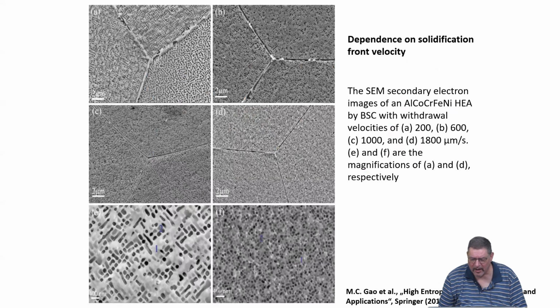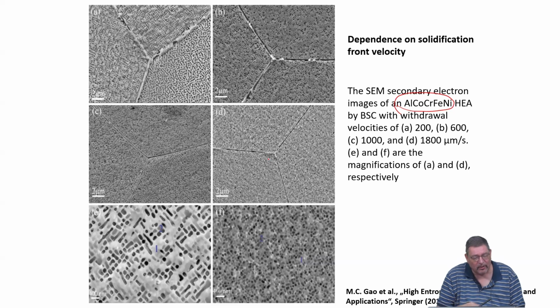So depending on how fast you pull in this Bridgman solidification casting, you get different patterns of the microstructure in this high entropy alloy, and you see that the faster you pull, and D would be the fastest, the finer the microstructure, because basically you allow the least time for the material at the high temperatures to form the local structure.